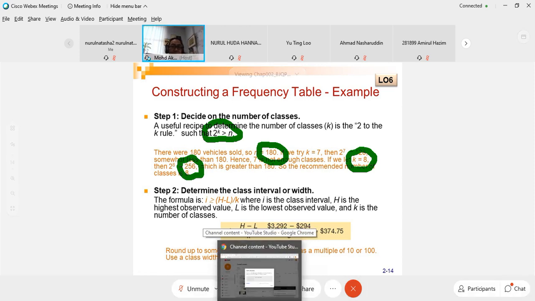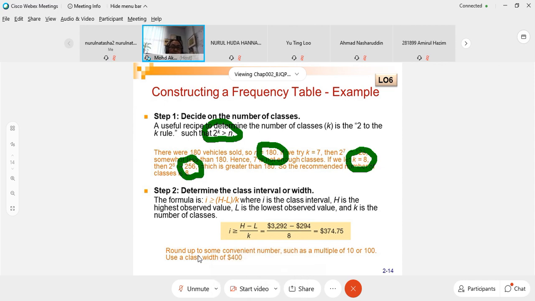We have 180 data and want to know which is the highest one. L means the lowest one. K is the number of intervals, the number of classes. Just now we got K equal to 8. So we use this formula: I more than or equal to H minus L divided by K.